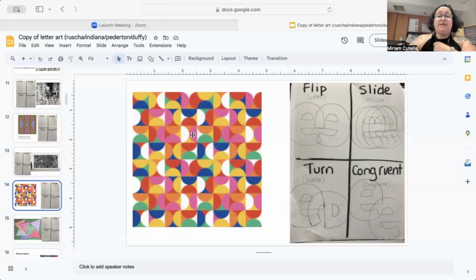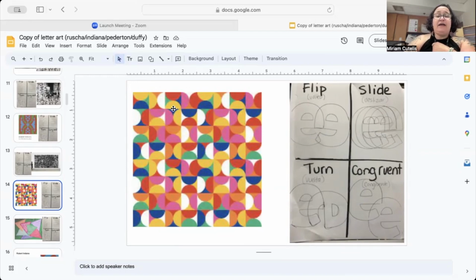And you slid that shape over, and there's another red with the bump on the right. Turning, also the semicircles are turned. Sometimes the bumpy part is facing upwards, sometimes facing downwards, sometimes left, and sometimes right. And of course, congruent, which is the same shape and the same size in any other part of the work. And that is definitely true. So this artist used flip, slide, turn, and congruent in their work.